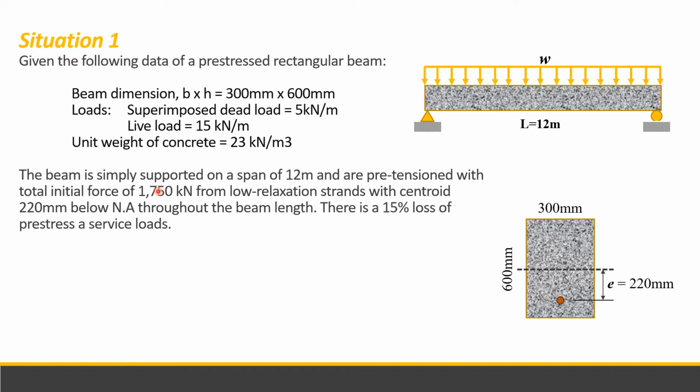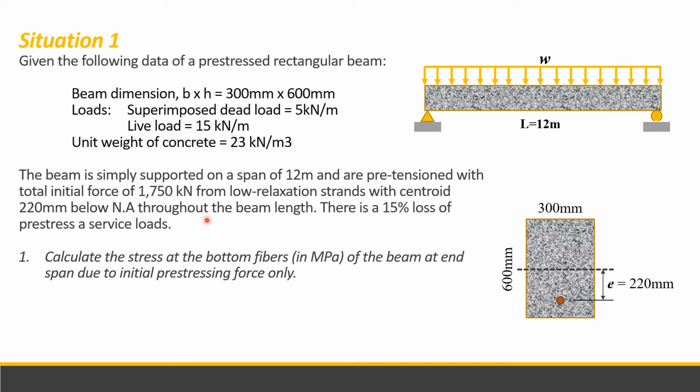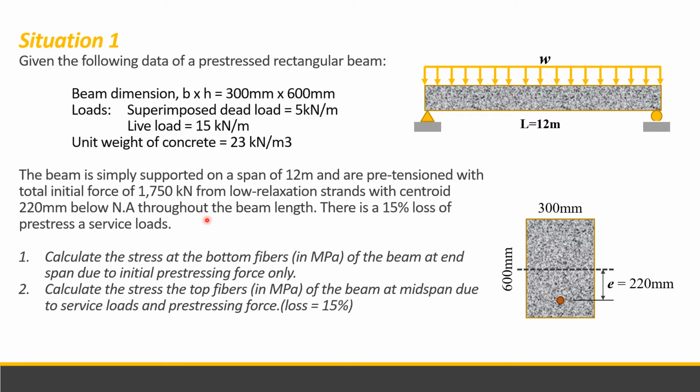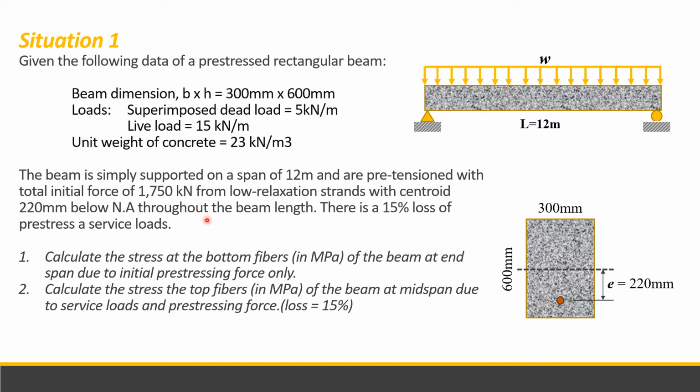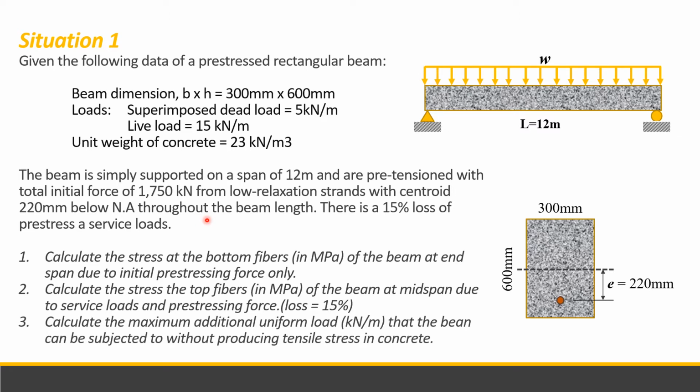Okay, so the questions are: calculate the stresses at the bottom and top fibers of the beam at the end span due to initial pre-stress; calculate the stresses at the top fiber and bottom fiber in megapascal of the beam at mid-span due to the service loads and pre-stressing force with a loss of 15% at service loads; and last, calculate the maximum additional uniform load in kilonewton per meter that the beam can be subjected to without producing tensile stresses in concrete.